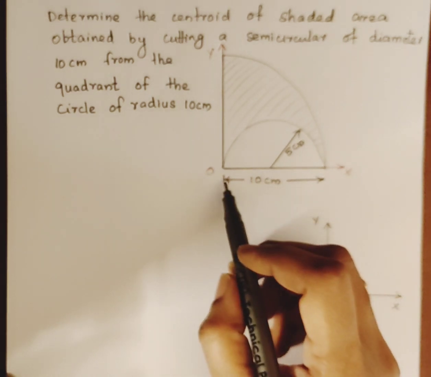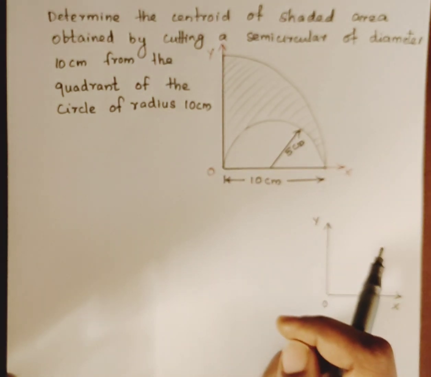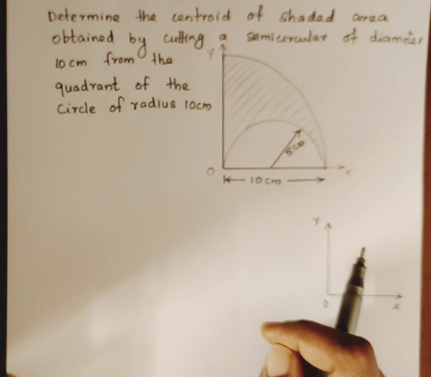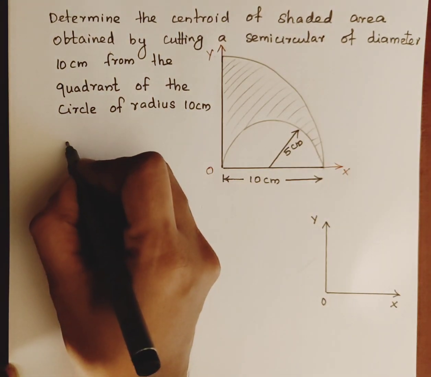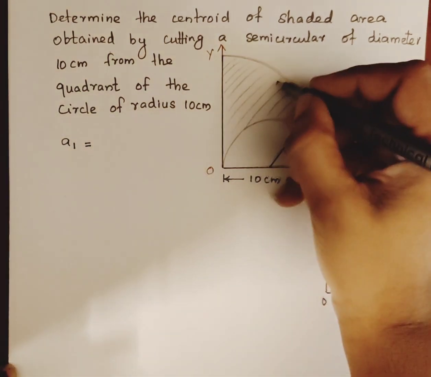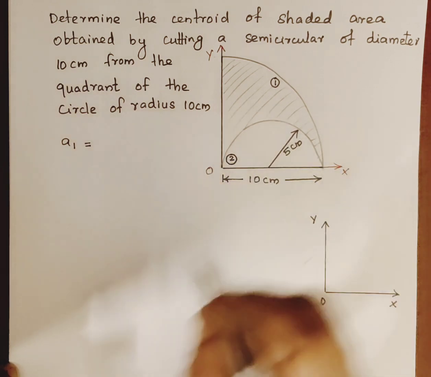Here the radius of the quadrant is given as 10 centimeter. You can assume the first figure as the quadrant, second one as the semicircle.